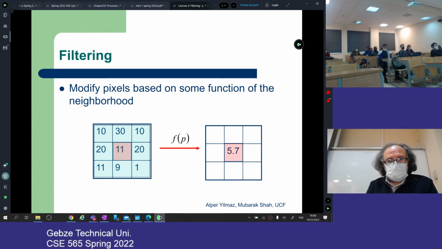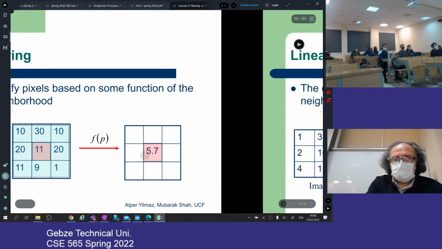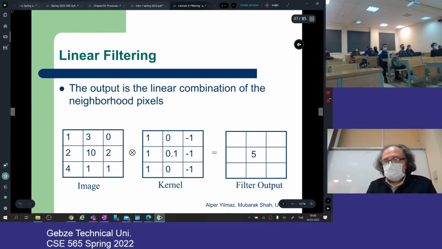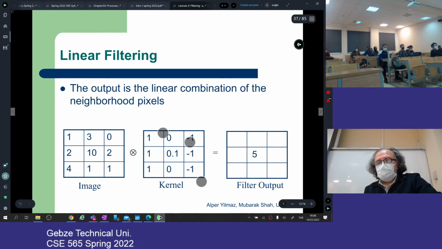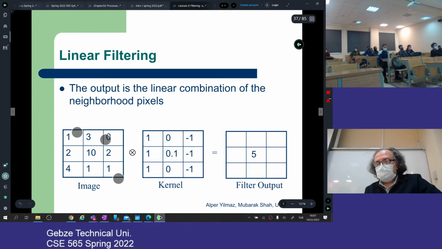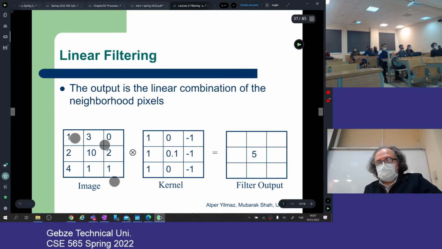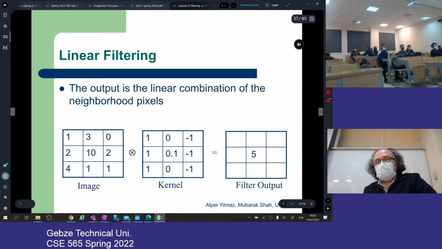So we talked about the filtering. Anyway, I'm going to skip this one. So if this is my image and this is my kernel, I cannot do much with this example because I cannot move this kernel on this image; this is 3 by 3, this is 3 by 3. There is only one position where I can apply this.